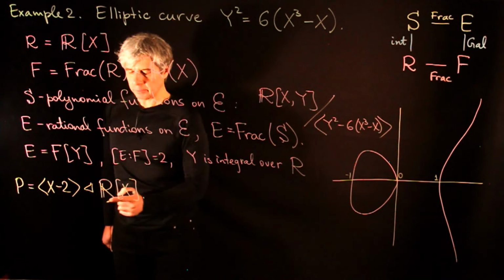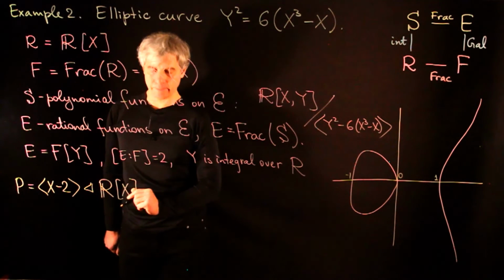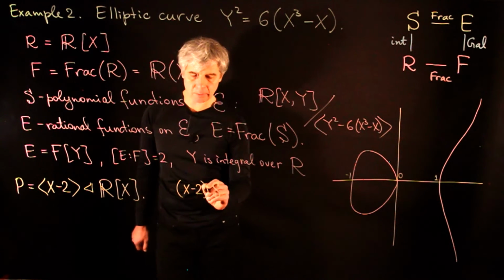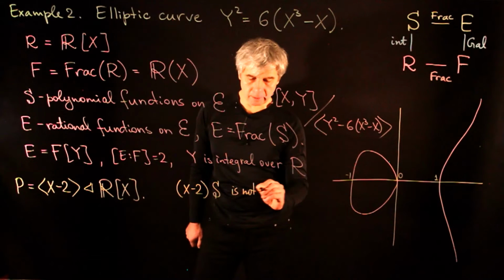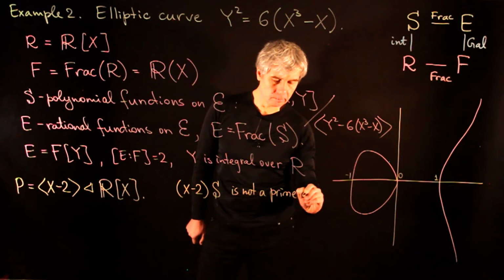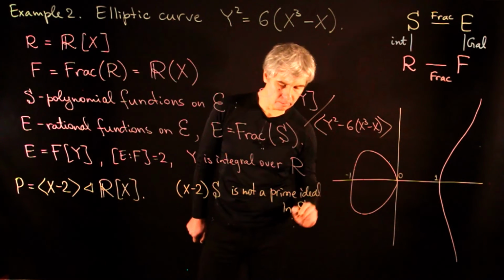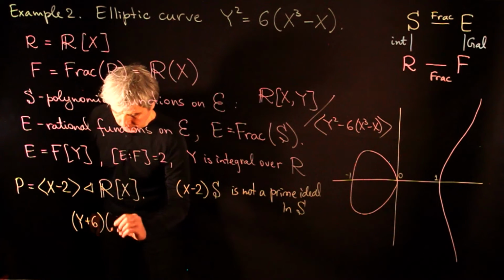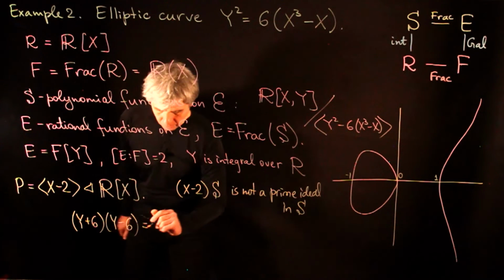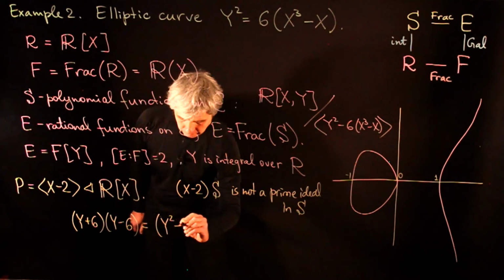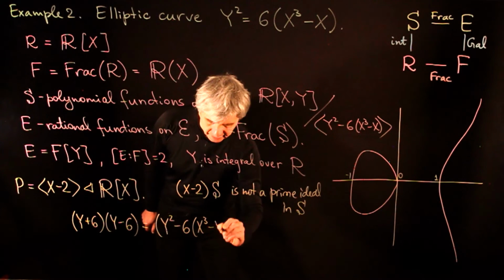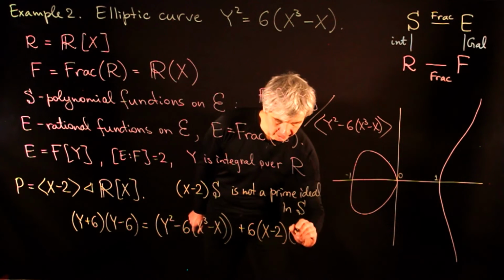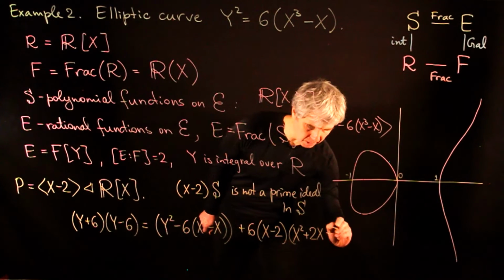This is certainly a prime ideal because the quotient by this ideal is just the field R. Note that the principal ideal generated by x minus 2 in the ring S, so this is x minus 2 times S, is not a prime ideal in S. This can be seen from the following equality, that y plus 6 times y minus 6 is equal to y squared minus 6 x cubed minus x plus 6 times x minus 2 times x squared plus 2x plus 3.